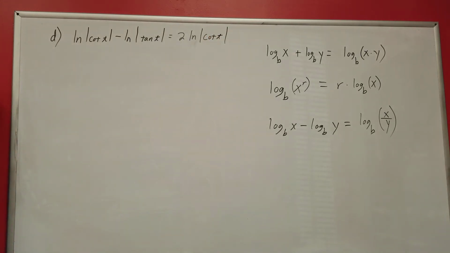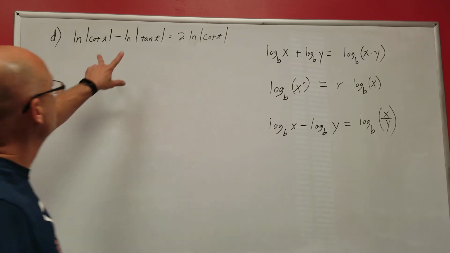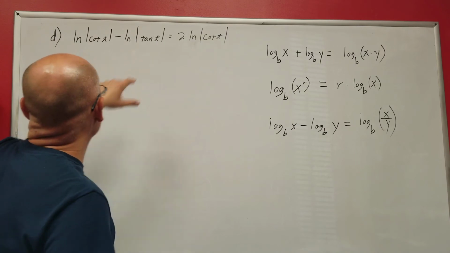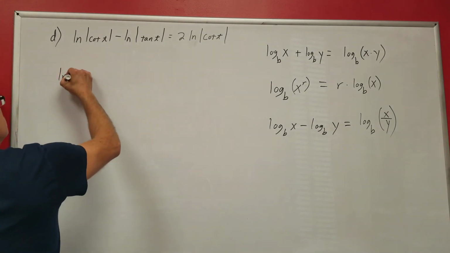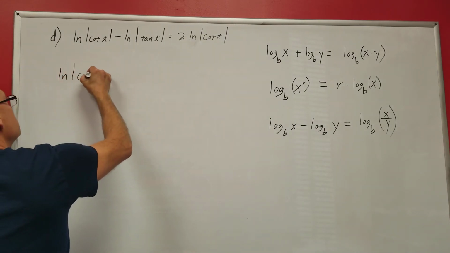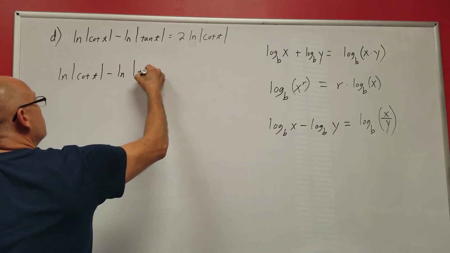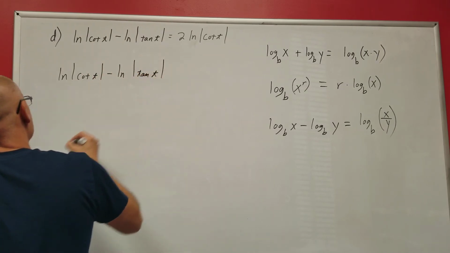Let's see. Let's verify this. Left looks a little more complicated, so I'm going to start with this left side: natural log of the absolute value of cotangent of t minus natural log of the absolute value of tangent of t. And I'm going to work with that.